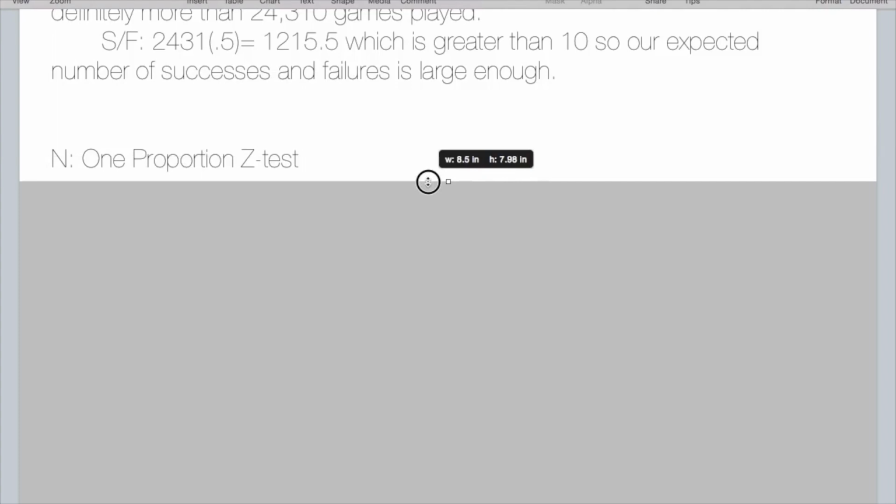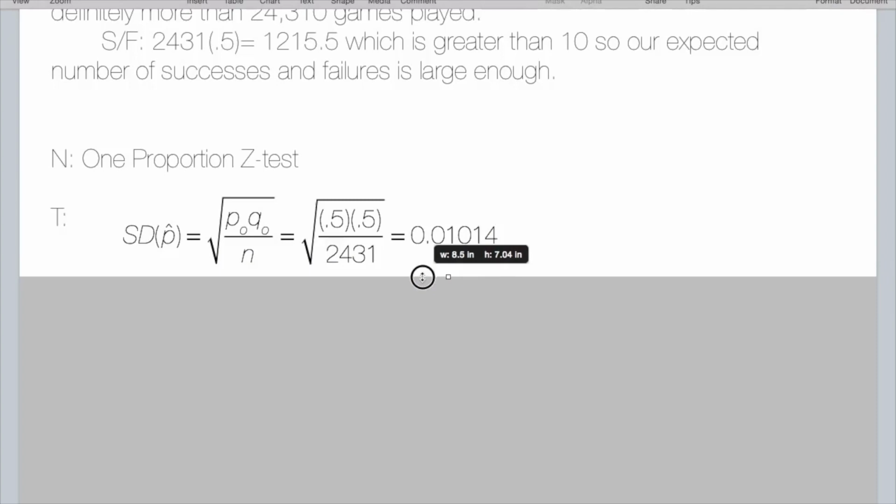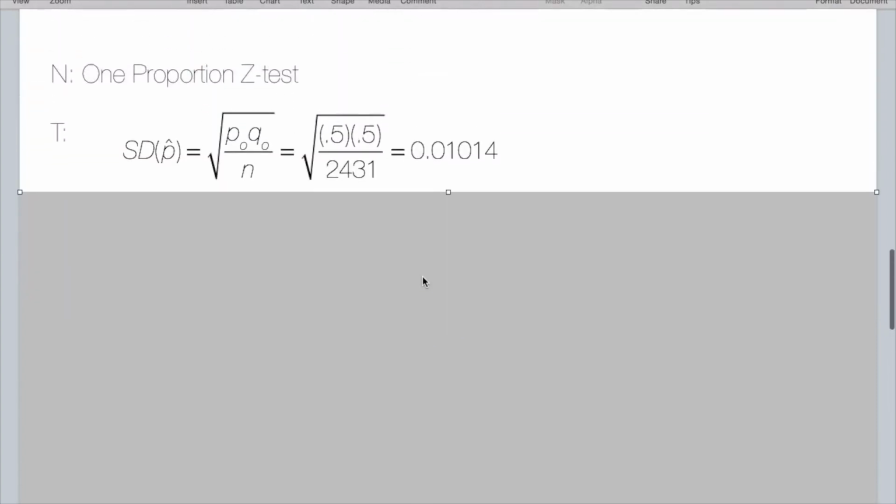All right, next part would be name the test. This one's easy since we really have only learned one test. It's a one proportion z-test. The test statistic. Now I've included the probability for the z-score.